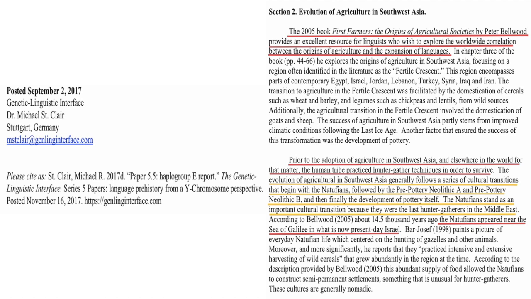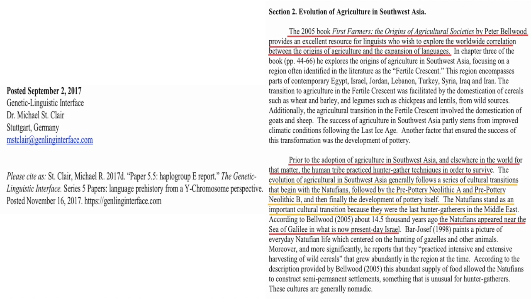Prior to the adoption of agriculture in Southwest Asia and elsewhere in the world, for that matter, the human tribe practiced hunter-gatherer techniques in order to survive. The evolution of agriculture in Southwest Asia generally follows a series of cultural transitions that begin with the Natufians, followed by the Pre-Pottery Neolithic A and Pre-Pottery Neolithic B, and then finally the development of pottery itself.